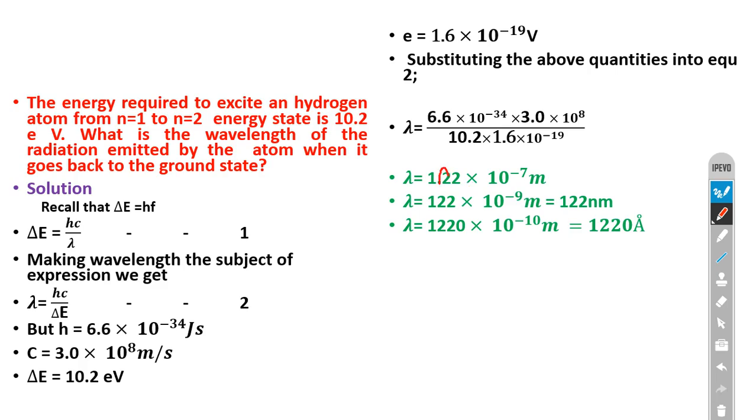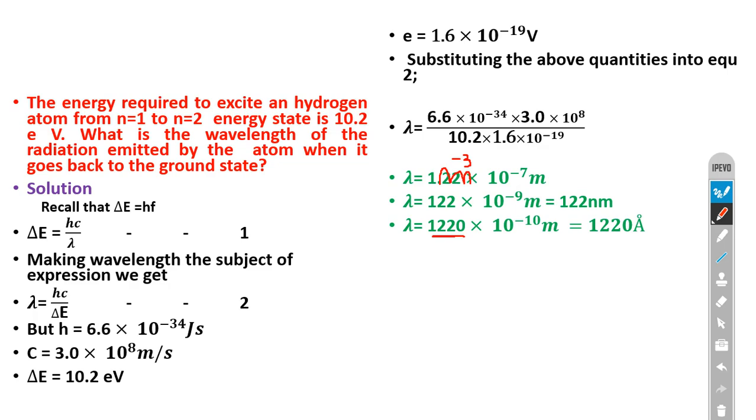I move it 1, 2, 3, and I will now have 1.22 with this to the power minus 3. So minus 3 minus 7 will give me minus 10. So that's how we came across this. It will be this, and the index becomes minus 10.